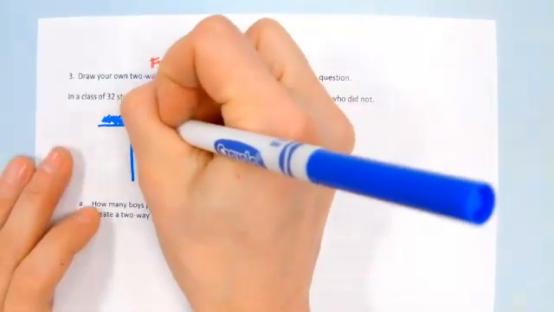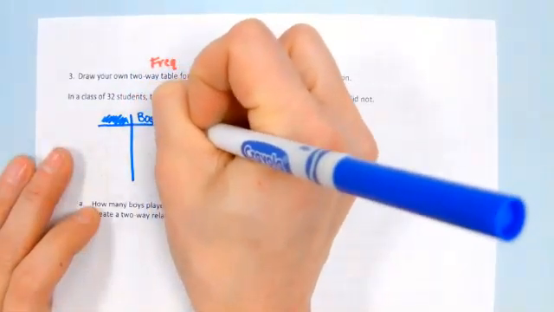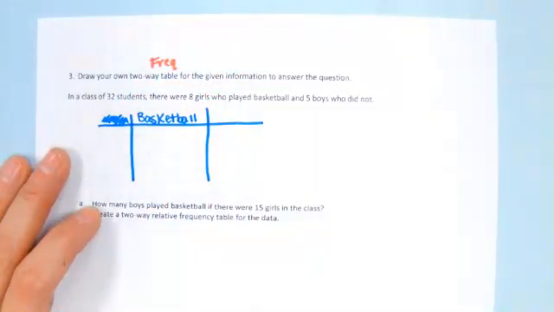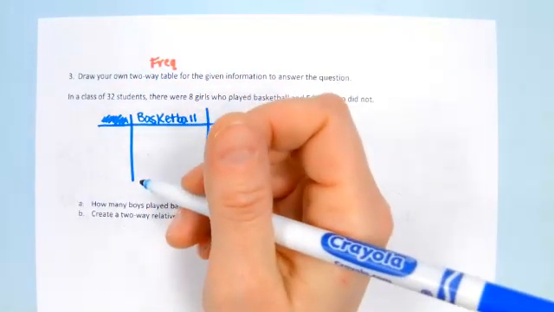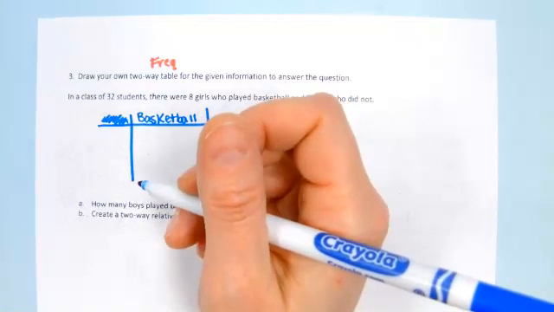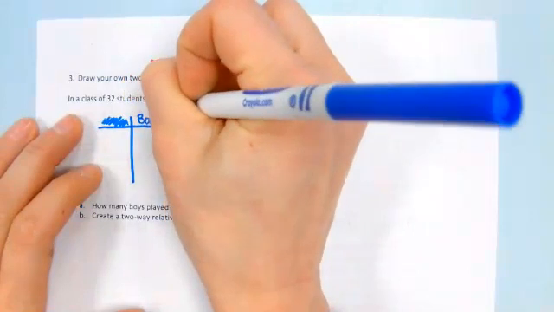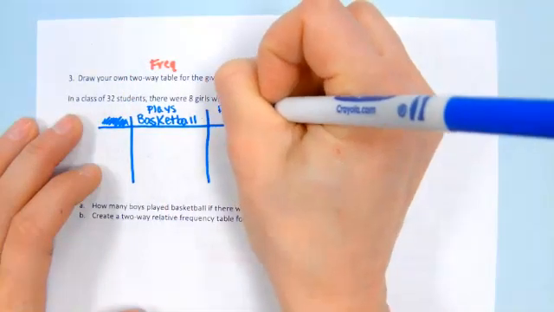Basketball and what? Don't think too hard about this. Plays basketball and what else then? Total's going to be one of them, but what's next to plays basketball? Doesn't play basketball. So we have plays basketball, does not play basketball.